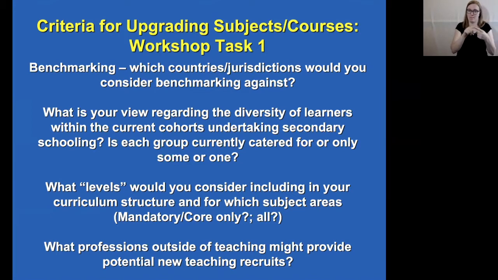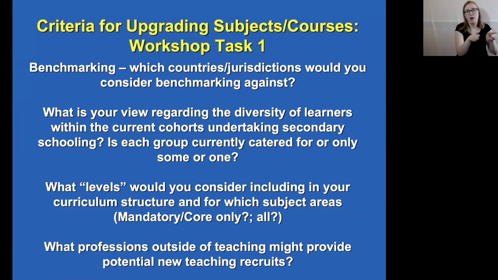What's your view regarding the diversity of learners within the current cohorts that are in secondary now? What do we know about the young people in grades 11 and 12 today? Is each group currently catered for, or only some or one?